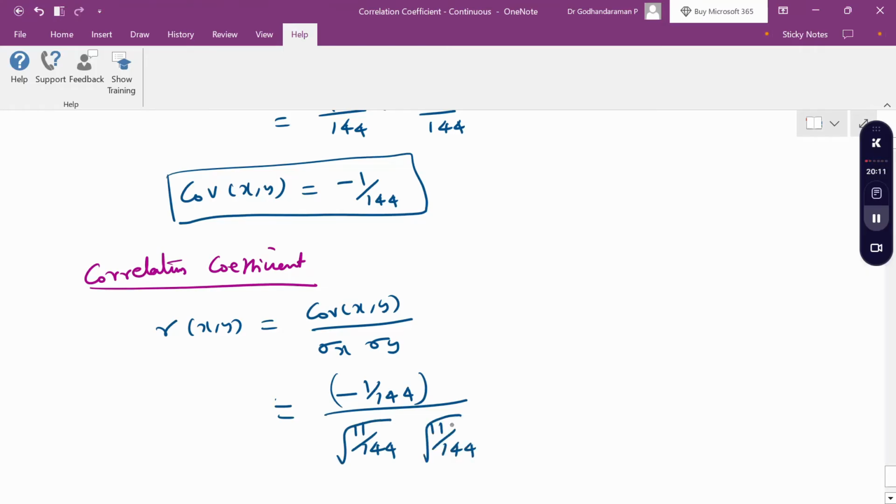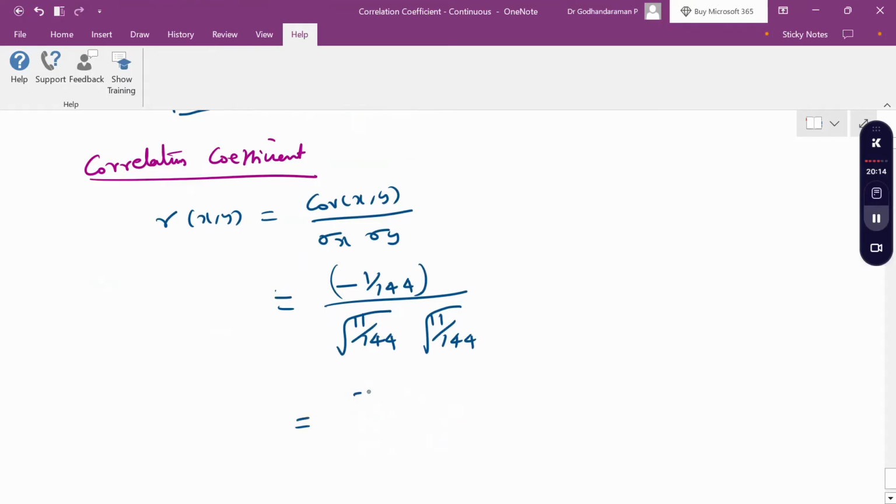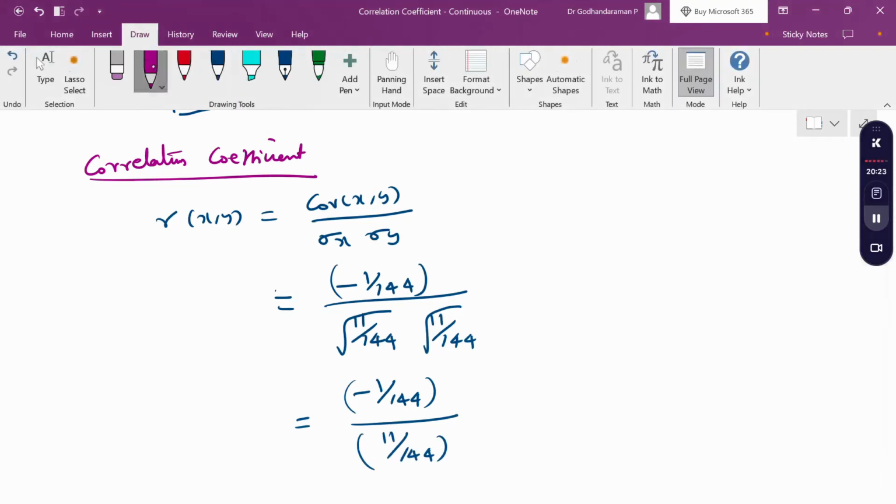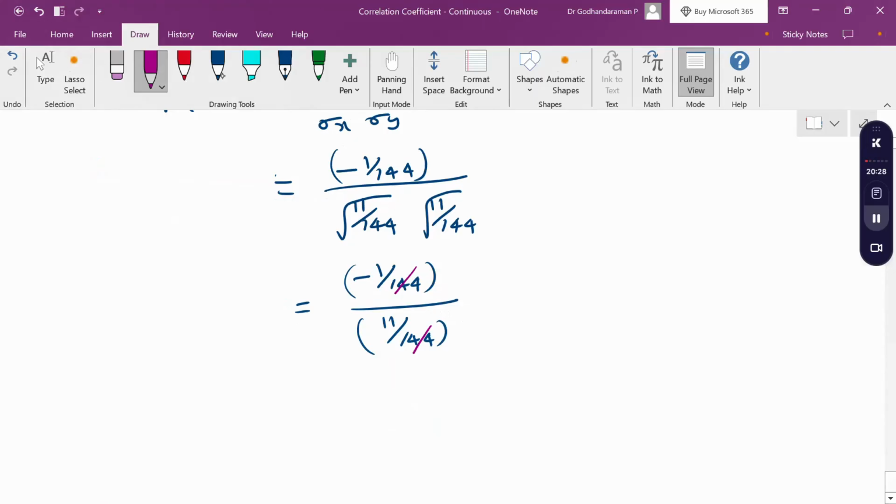Therefore, minus 1 by 144 divided by 11 by 144. Now cancelling the denominator 144, this is minus 1 by 11. So the value of R of x comma y is minus 1 by 11. Written in decimal, this is nothing but minus 0.09.